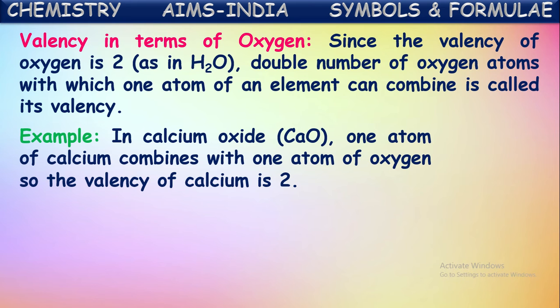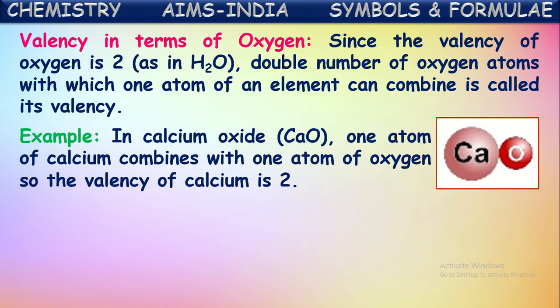Suppose in a calcium oxide molecule, one atom of calcium is combining with one atom of oxygen, isn't it? Now, double the number of oxygen atoms that are combining with one atom of calcium is taken as the valency of calcium. So, one atom of oxygen is combining; if you double it, it becomes 2.